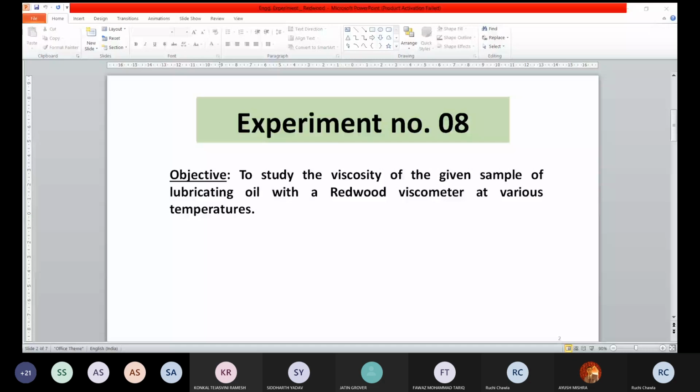Will anyone want to define viscosity first? Or a fluid, how will you define its viscosity? It is a measure of what?